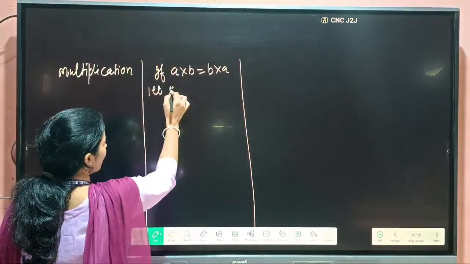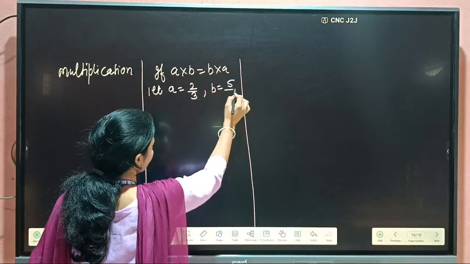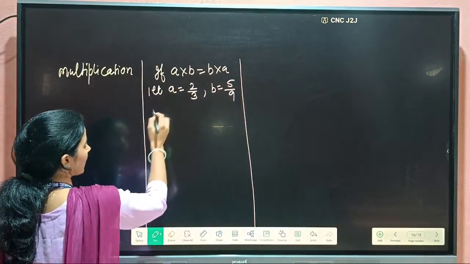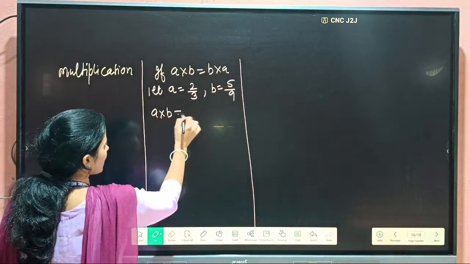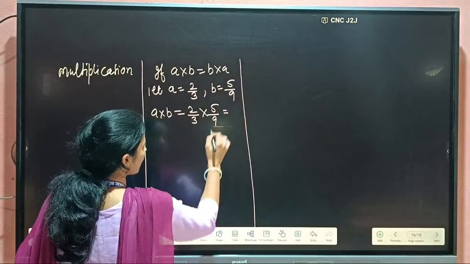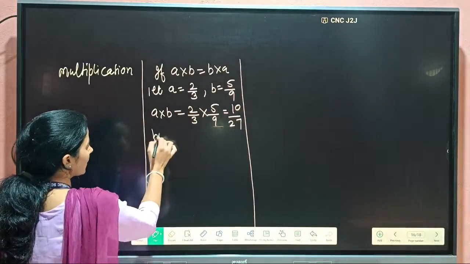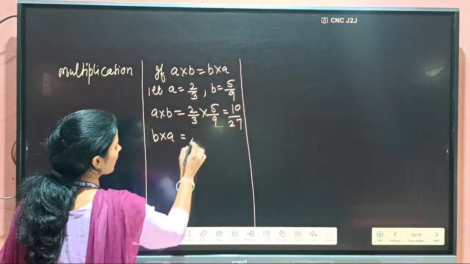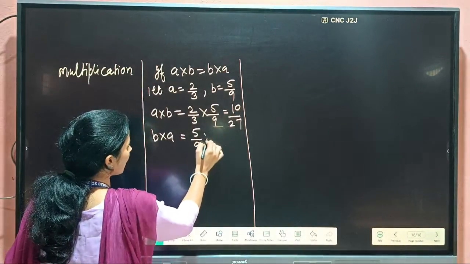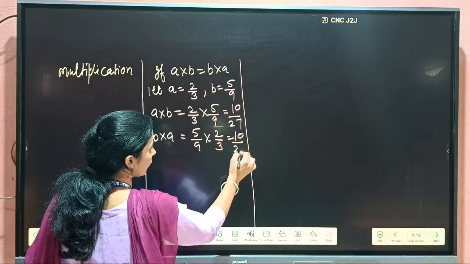Let A equals 2 by 3 and B equals 5 by 9. A into B is 2 by 3 into 5 by 9, answer is 10 by 27. Then B into A, 5 by 9 into 2 by 3, answer is 10 by 27.